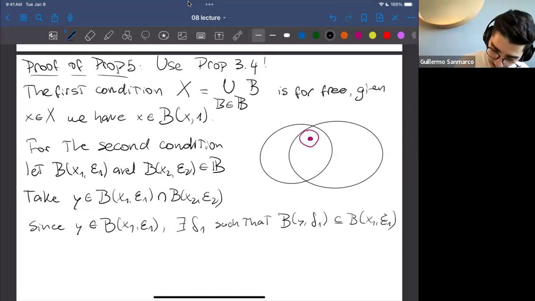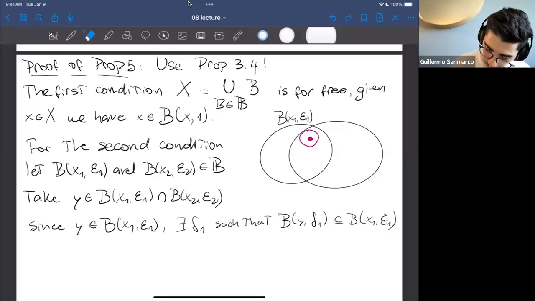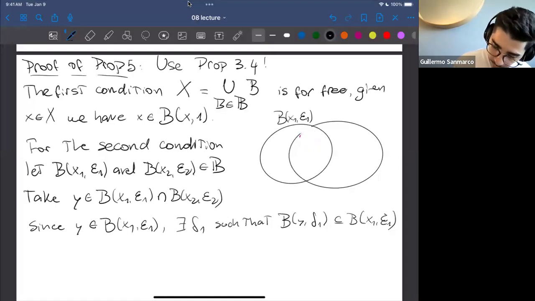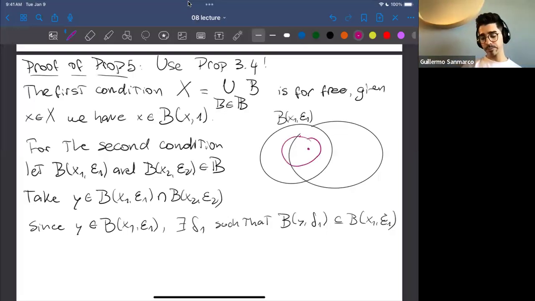So here, if this is my ball B(x1, epsilon 1), I'm taking a ball for the first one. It could go outside the second one, but the important thing is it's going to be inside the first one. Maybe something like this. Probably need to change the center. So this is my delta 1. And now for the second, same argument.